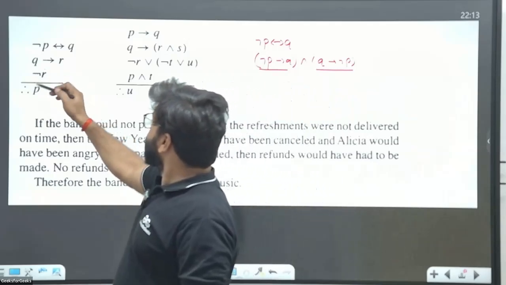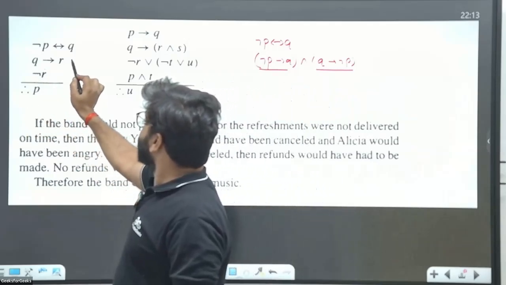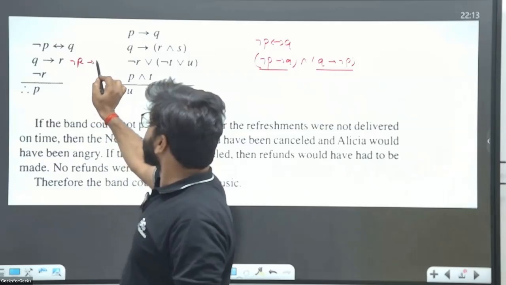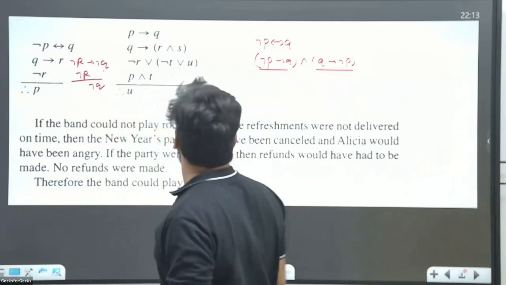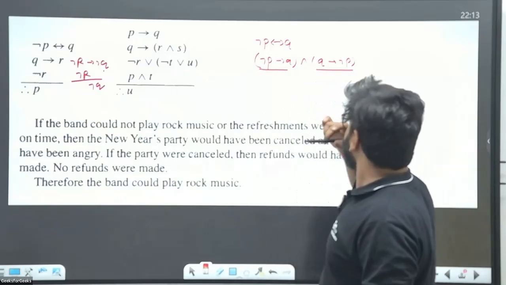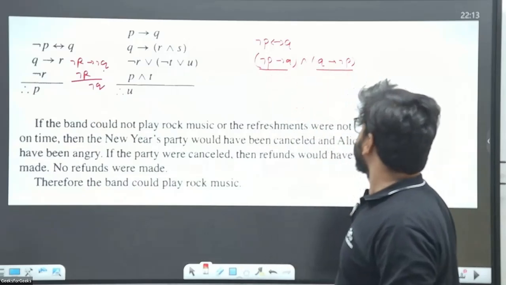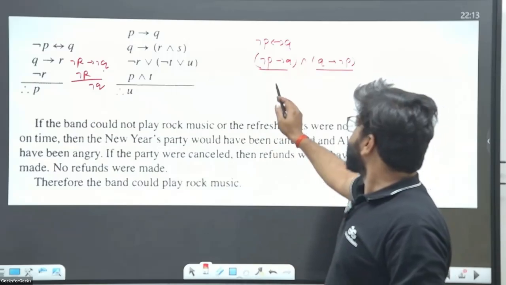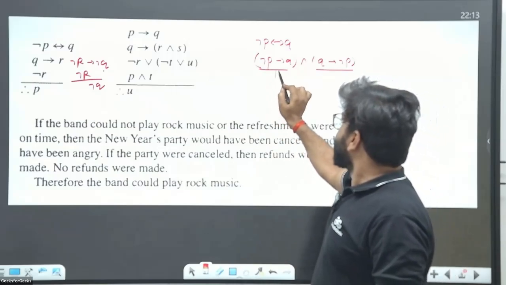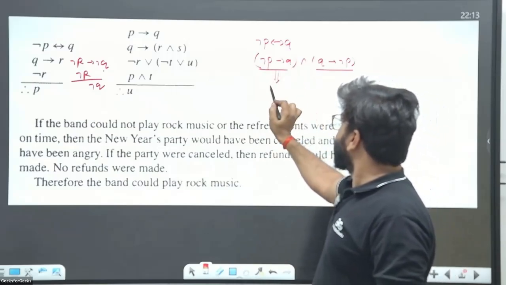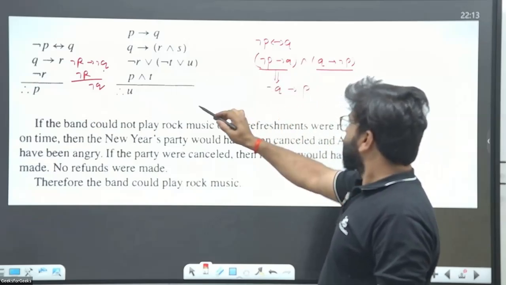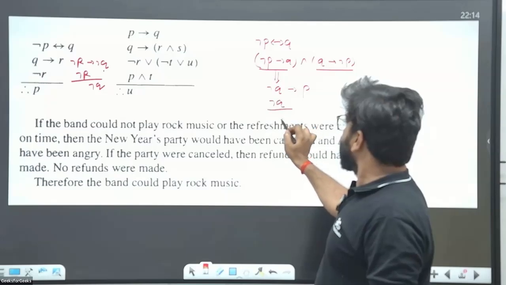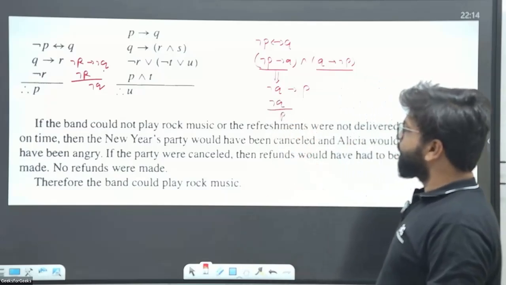If you use the contrapositive, negation of R implies negation of Q. This is negation of R, so we will get negation of Q. For negation of Q, you can use either this or this, no problem. Suppose I use this: by simplification, I take only the left part and take the contrapositive, negation of Q implies P. From there, we take negation of Q and hence we get P. Easy?